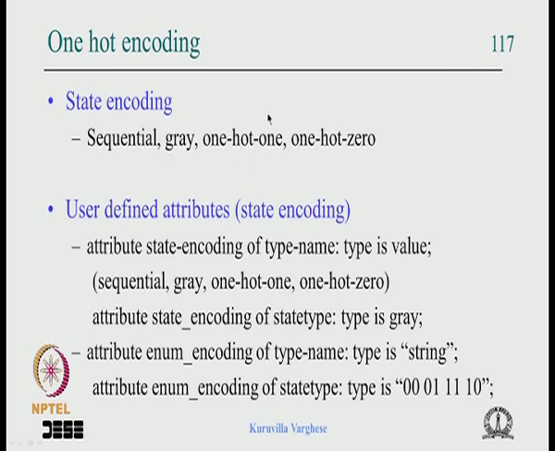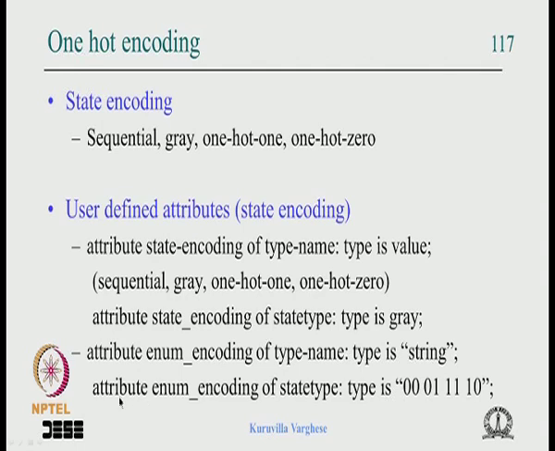This can be controlled using attributes. Suppose you have defined an enumerated state type called state type, you can say attribute state encoding of state type, type is gray or one hot 1, one hot 0 and things like that.